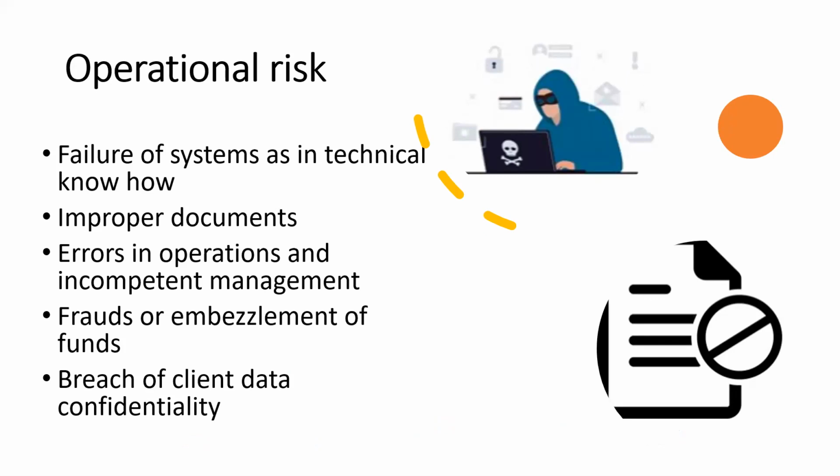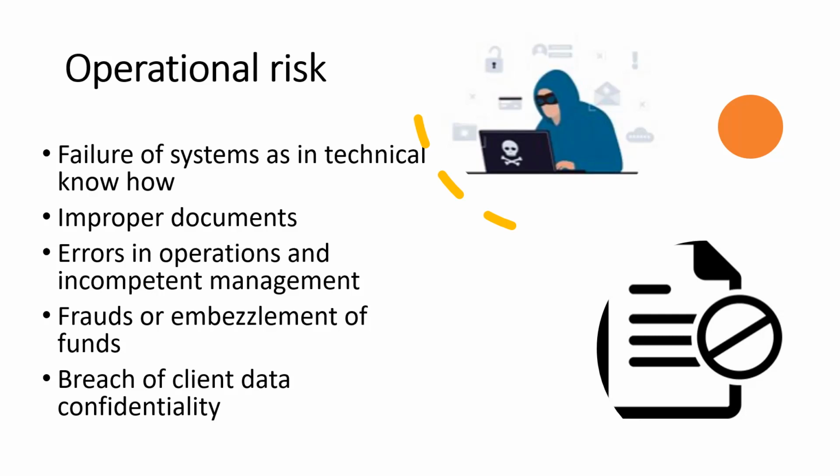One is failure of system, as in technical know-how, or not maintaining the documents properly, or using improper documents, or errors in operation and incompetent management, not able to manage all the work, or fraudulent activities, and at the same time breach of client data or confidentiality. Because of that, whatever risk arises is known as operational risk.